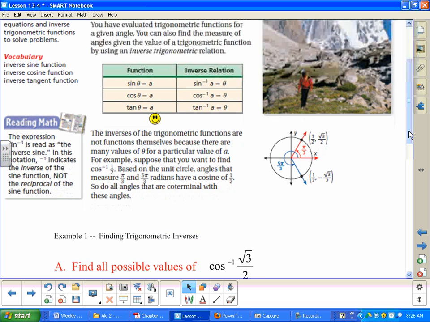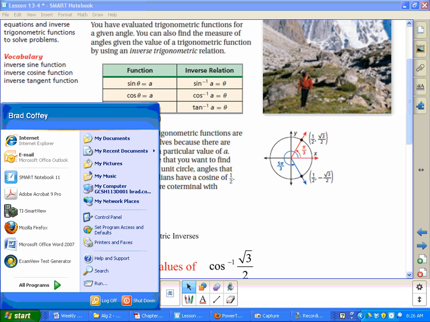Now when we're talking about trigonometric functions, the inverses themselves are not functions. The reason is that trigonometric functions go on and on and on forever, horizontally. They just keep going. So let's take a look at the graph of sine so we can see that.